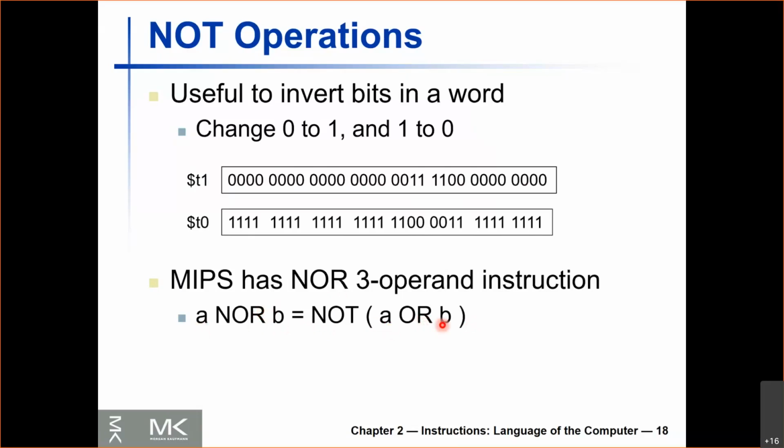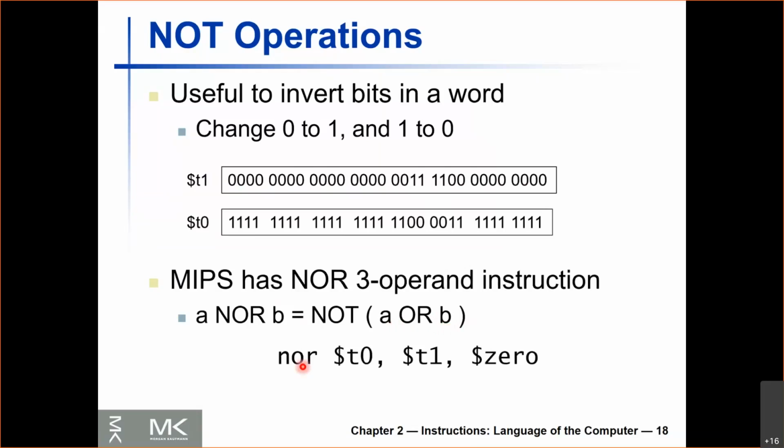Well, one way to do it is A NOR A, fine, right? A or A is just going to be A. Another way to do it is to do A or, right? A or what always gives me A? 0, exactly, 0. So one way to do it is A NOR A. Another way to do it is to do A NOR 0.